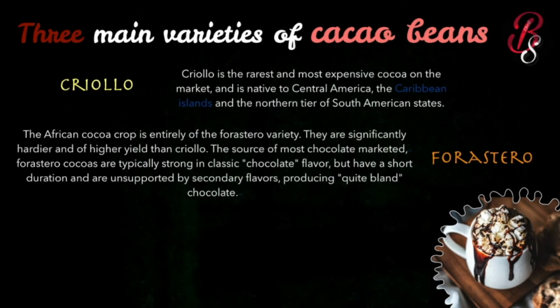What we have next is Forastero, which is the African cocoa. African cocoa crops are entirely of the Forastero variety, which is significantly hardier and has a higher yield than Criollo. It's less expensive than Criollo. It's the source of most chocolate marketed. Forastero cocoa is typically strong in classic chocolate flavor, but has a short duration and is unsupported by secondary flavors, producing quite bland chocolate.